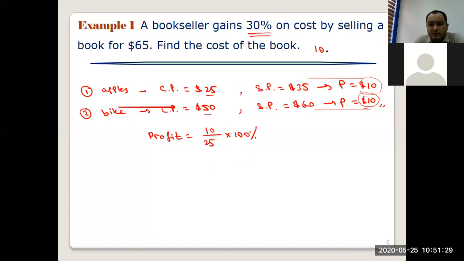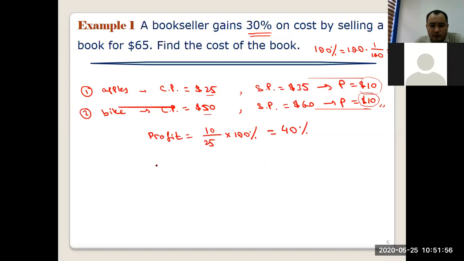Because 1% means 1 over 100, and 100% of something means it's just 1 itself. So that is equal to 100 over 25. That is 4 times 10. It is 40%.